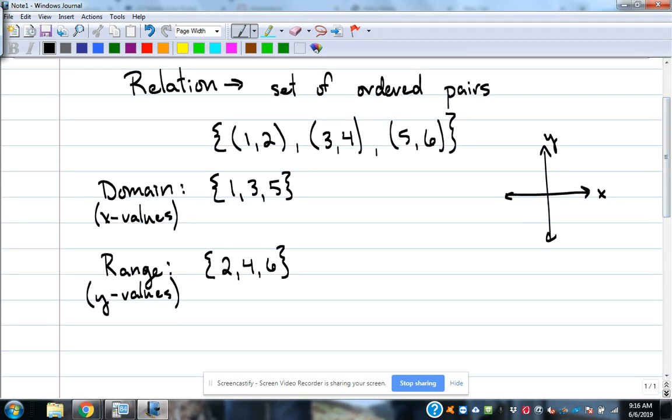Relations always have a domain and range, but there are special relations that make them functions.